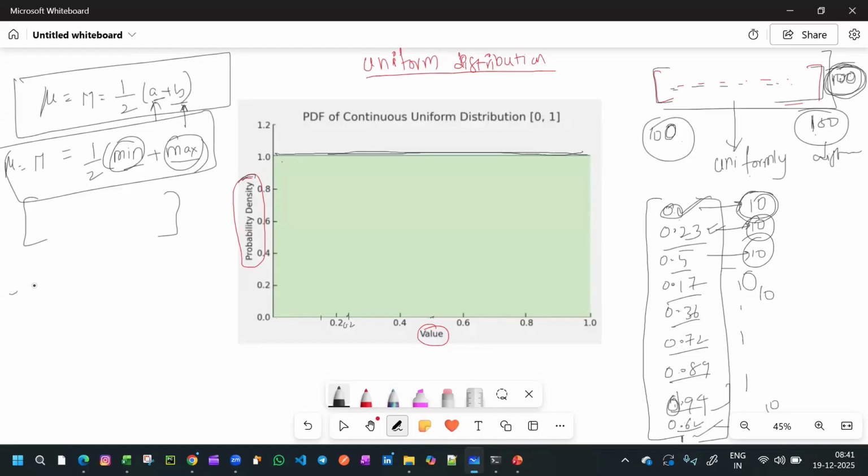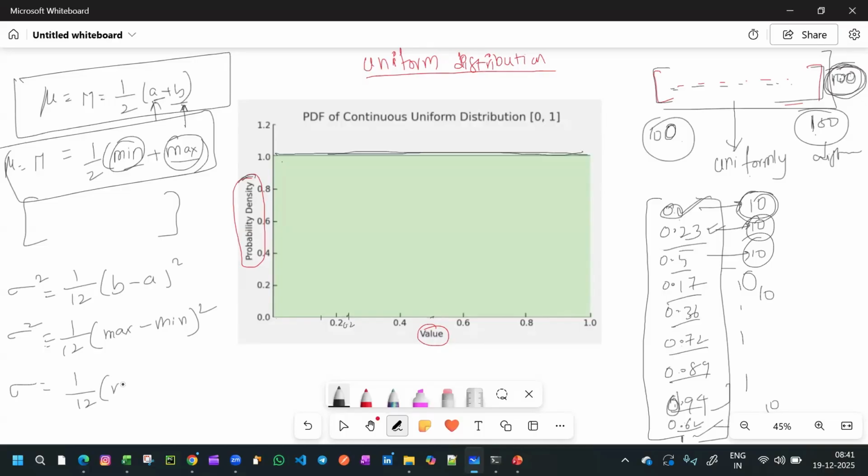The other is the variance, which is equal to 1 by 12 times (B minus A) squared. That means 1 by 12 times (max value minus min value of the list) squared. Of course, the standard deviation is the square root of this variance.